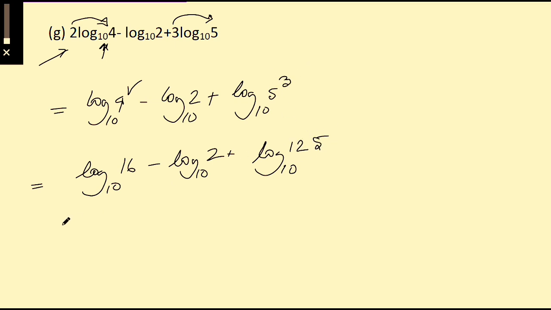So here we have 3 logs with the same base with two relations. One is subtraction and another one is addition. So as a single log we can write it as log 16 times 125 over 2, according to the quotient and product rules of logarithm.